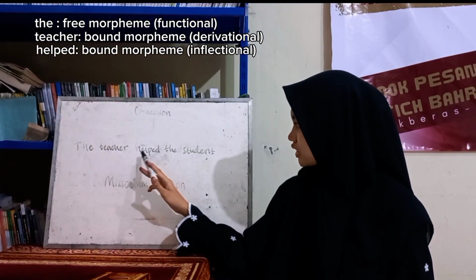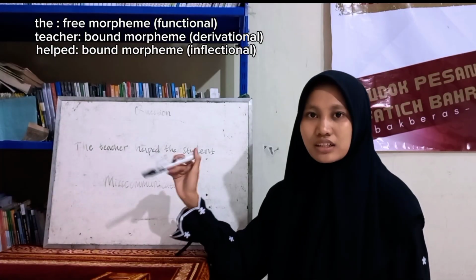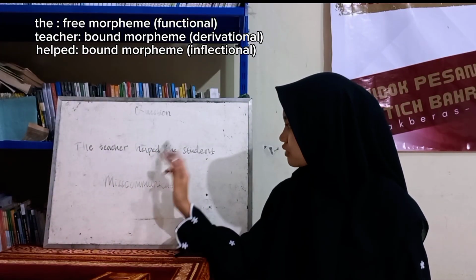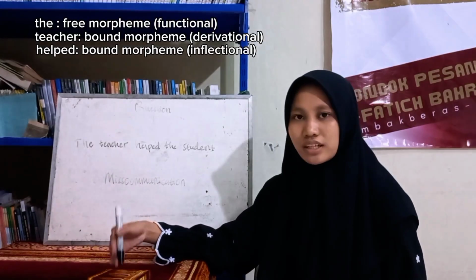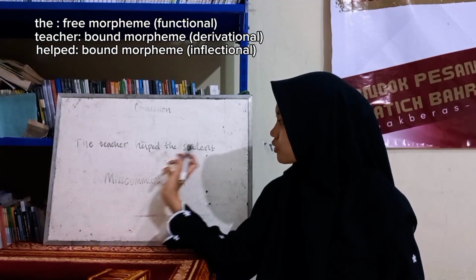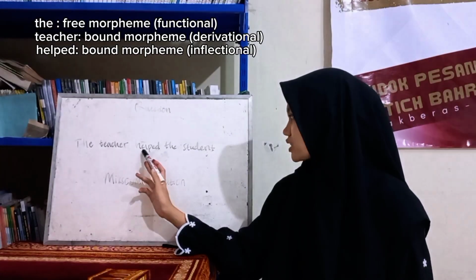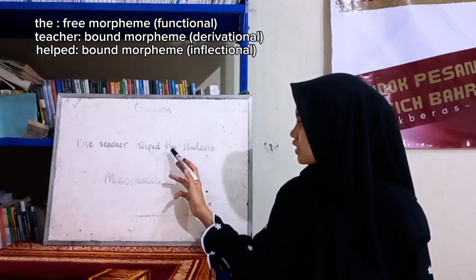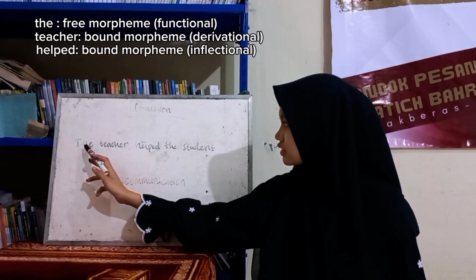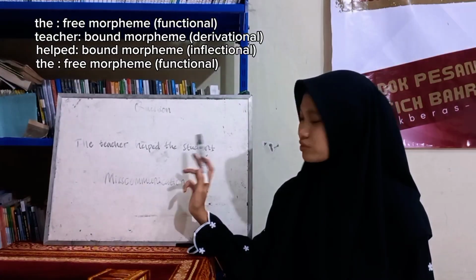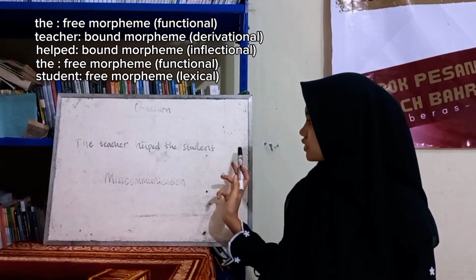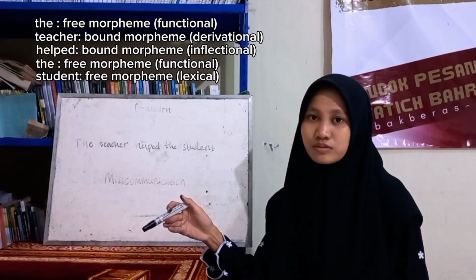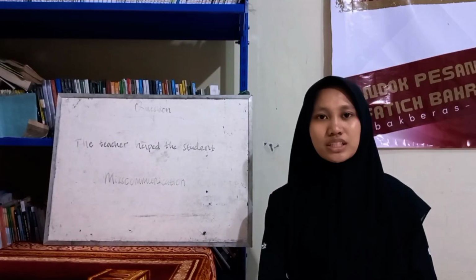So helped enters the type bound morpheme because it is added with a suffix, and the kind is inflectional morpheme because help is in past tense. And students, the word students is a free morpheme, but the kind is lexical morpheme.